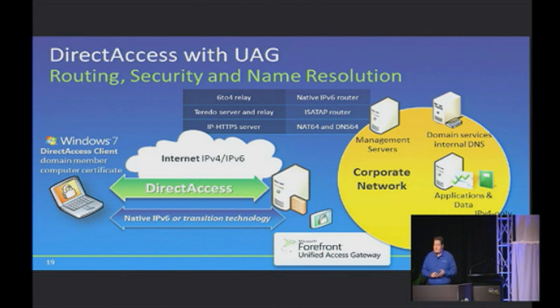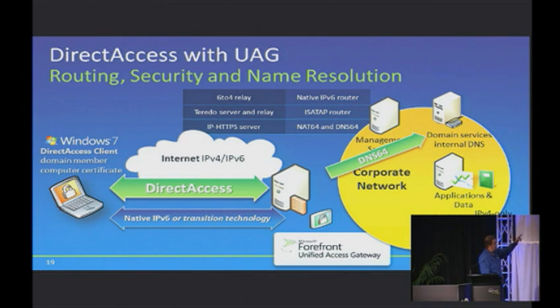So let's see how it works. There we added IPv4 resources. They are just old Windows 2000 boxes or maybe AIXs or whatever, printers. They are using just IPv4 connectivity. With UAG you're able to resolve the IPv6 DNS queries, because the Windows 7 DirectAccess client is only asking for IPv6-based name resolution.